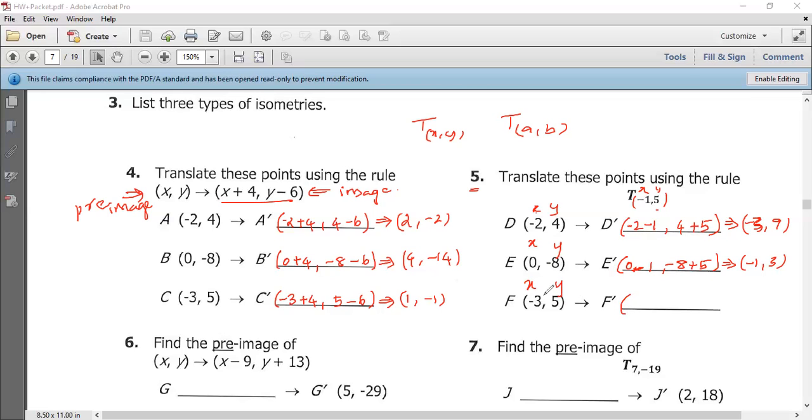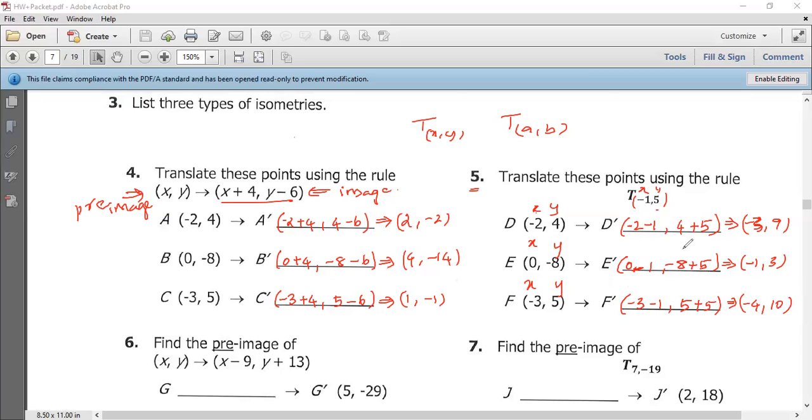For the next one, take the x-axis and add this -1. Add in the sense I'm just writing the -1 as such. Got it? And 5, I'm taking the y value and adding the y unit, which is 5, as they have given. So plus 5. This will be (-4, 10). Got it?